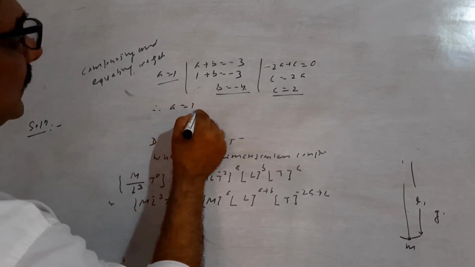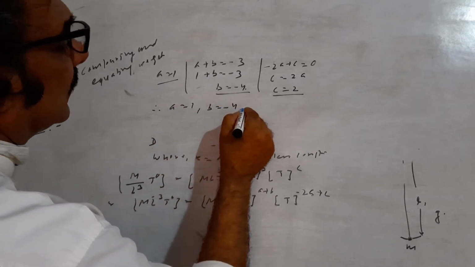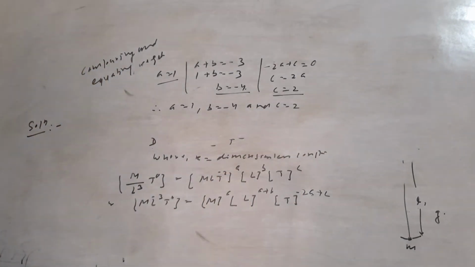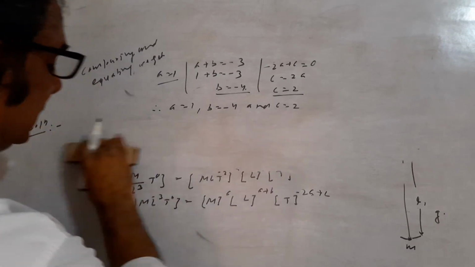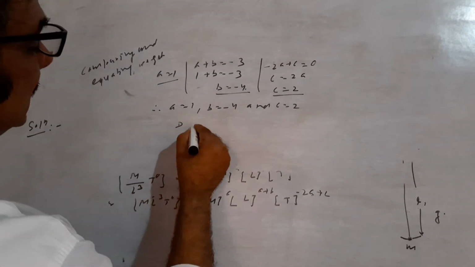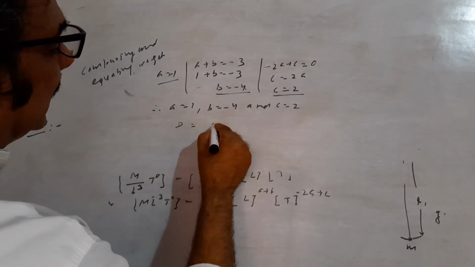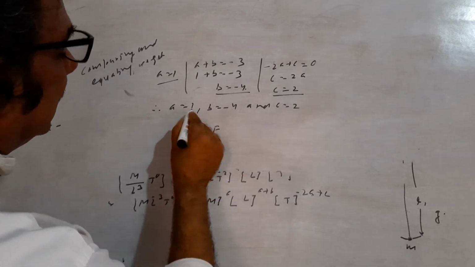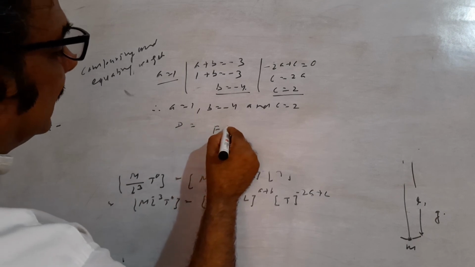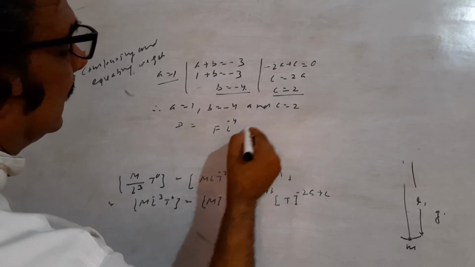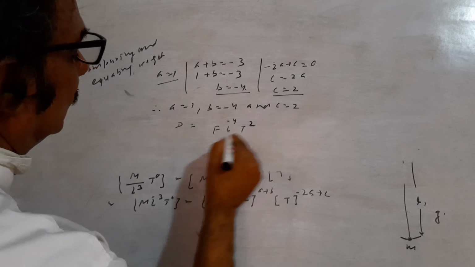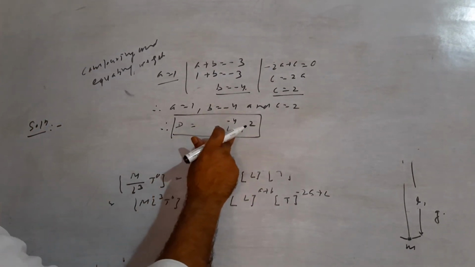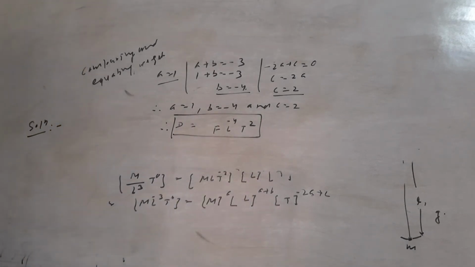Therefore A is equal to 1, B equal to minus 4, and C equal to 2. Substituting the values of A, B, C in the expression, density equal to F to the power A, L to the power minus 4, and T to the power 2. So this is the dimensional formula: F L minus 4 T square.